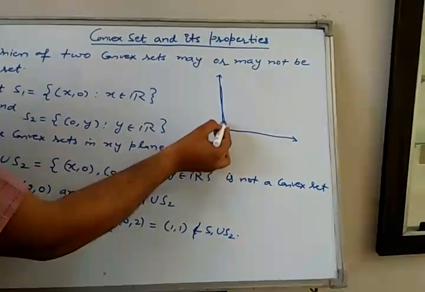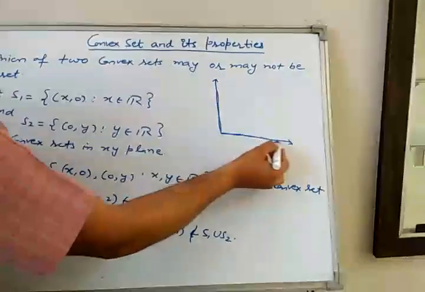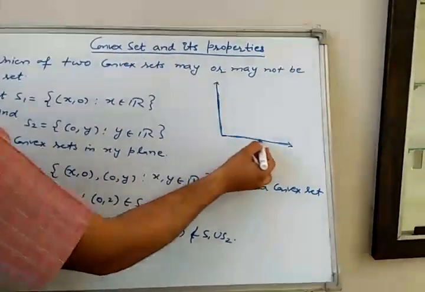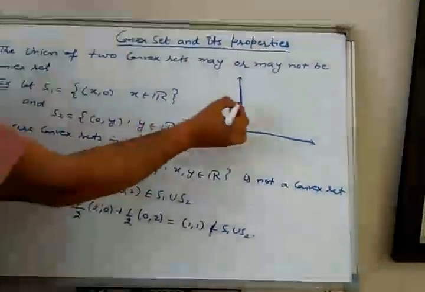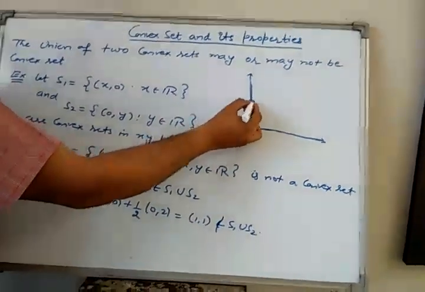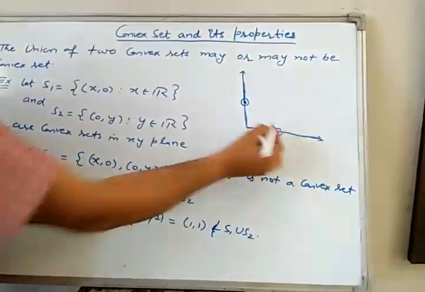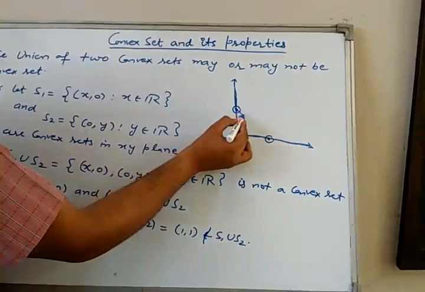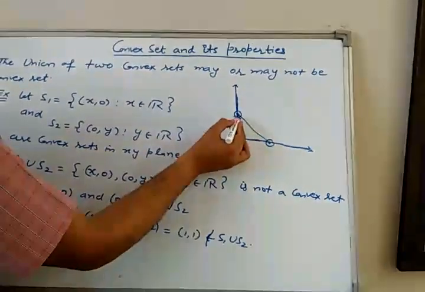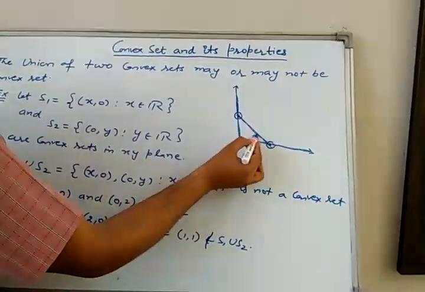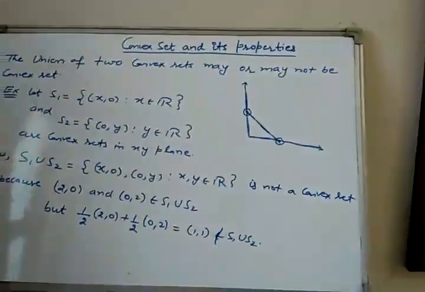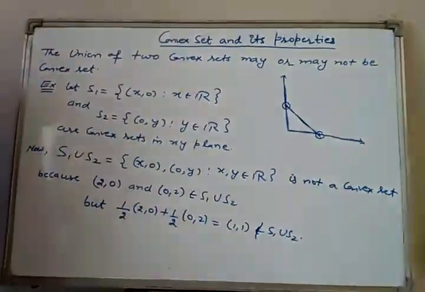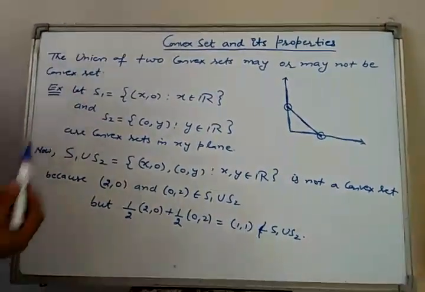This is the union. Now take 2 points from the union. One point we take this point, another point we take this point. Now the line segment joining these 2 points does not belong to S1 union S2. Therefore, the union of two convex sets may or may not be a convex set.